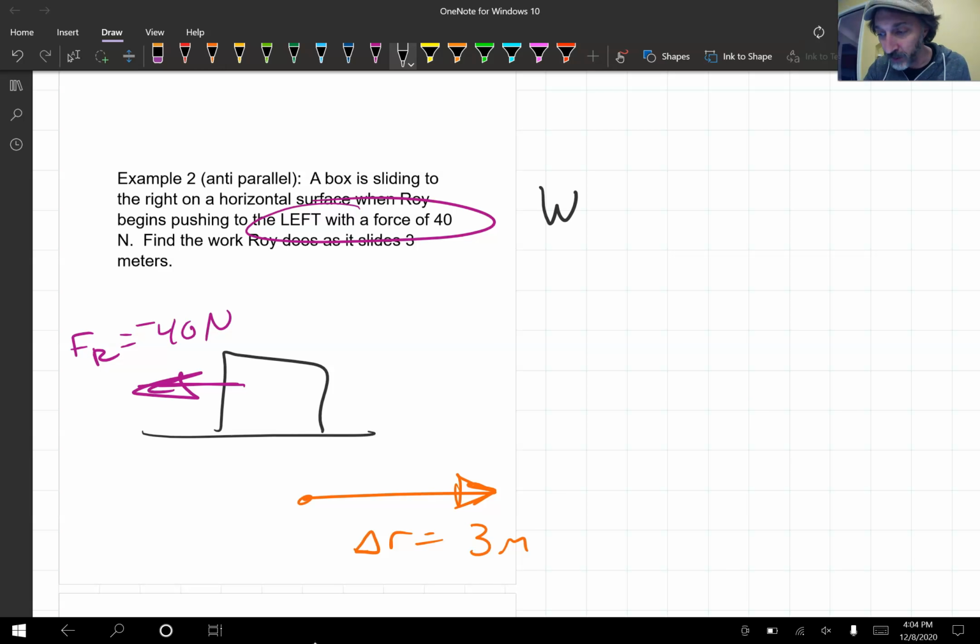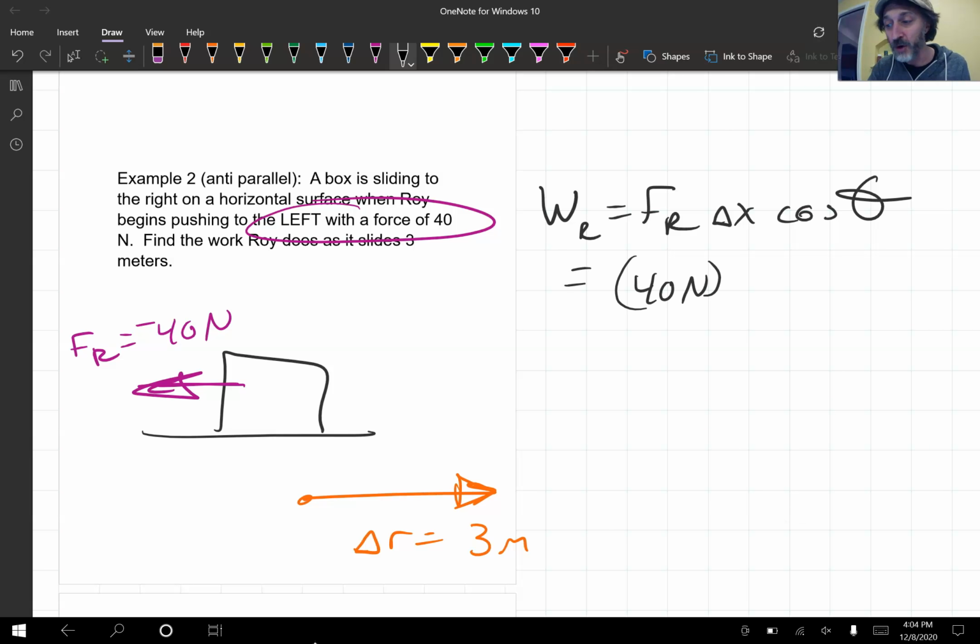Mathematically, it's work of Roy equals force of Roy times displacement times the cosine of theta. So my force of Roy is 40 newtons. Remember, no positives and negatives when you use this equation. Times my displacement, 3 meters, times the cosine of the angle between them. Well, my displacement is this way, my force is that way, the angle between them is 180 degrees.